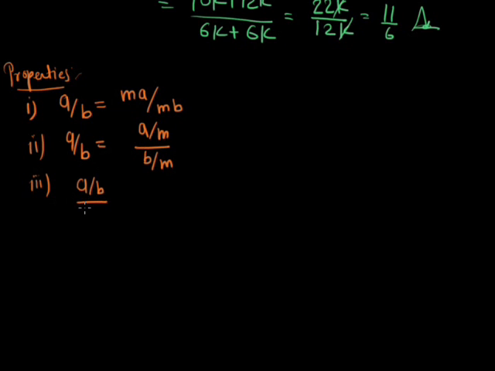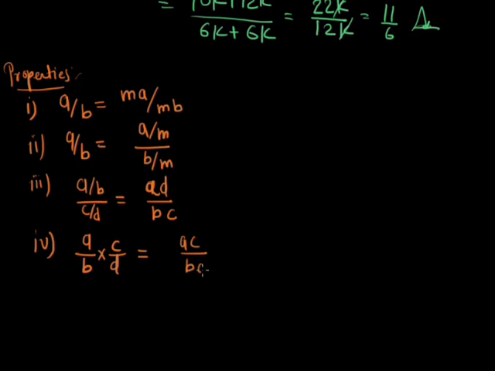Third, if A upon B equals C upon D, then A into D equals B into C. And the fourth is if A upon B is multiplied by C upon D, then this is equal to AC upon BD. Okay, let's do some more questions.